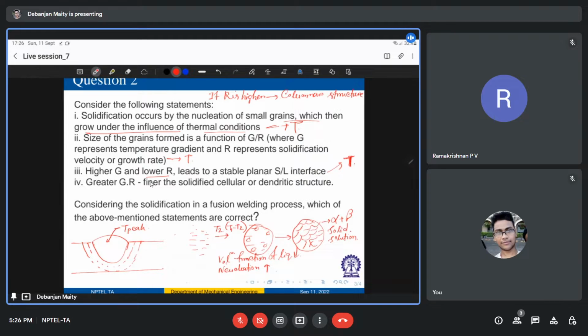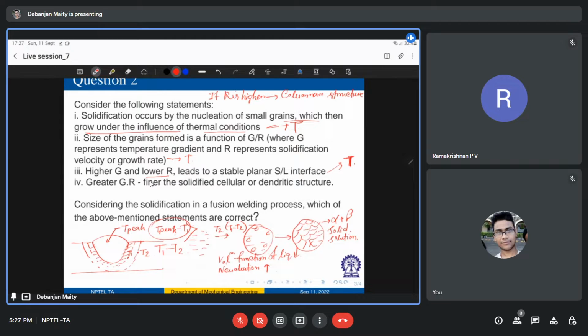If this is at temperature T1, say, and this is at temperature T2, this zone will have the highest temperature gradient. So T peak minus T1 will be higher than T1 minus T2.